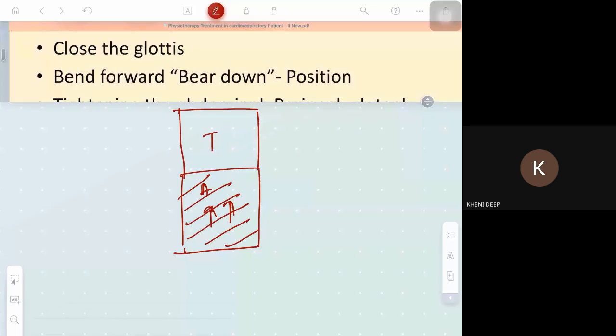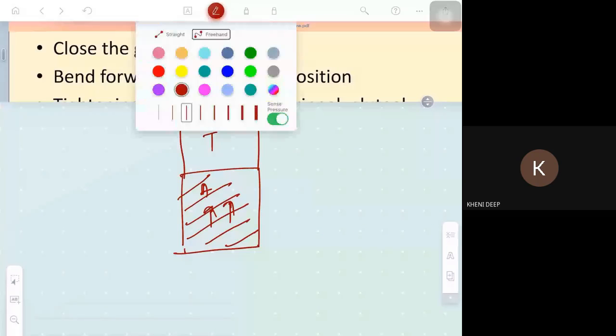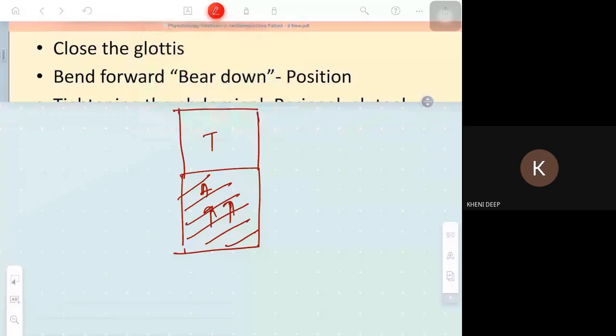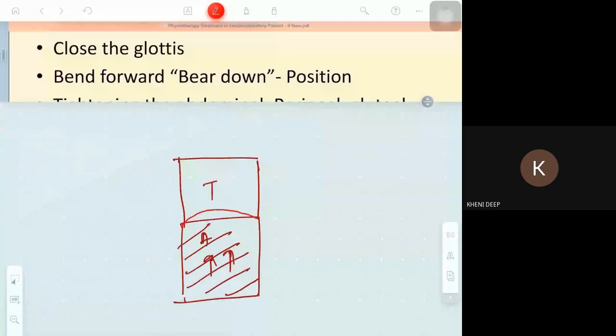Clear? When the patient is compressing all the abdominal muscles, perineal muscles, what will happen? The diaphragm will slightly go up. What will happen when the diaphragm is going up?